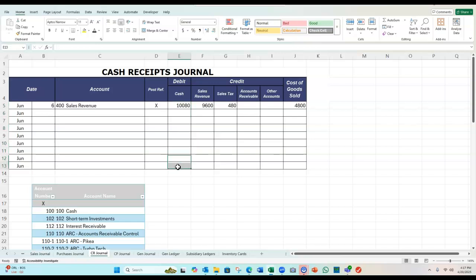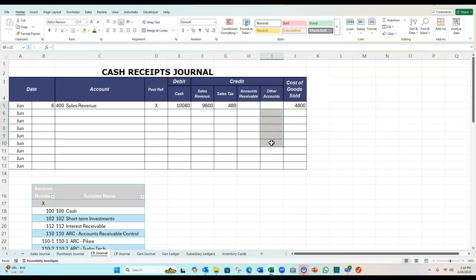We'll total it up and get a number down here and post this whole column to cash. This whole column will get posted to sales revenue. This whole column will get posted to sales tax payable. This column will get posted to the general ledger account for accounts receivable, the 110 account, the control account. We will already have posted all the individual postings to the subsidiary ledger.